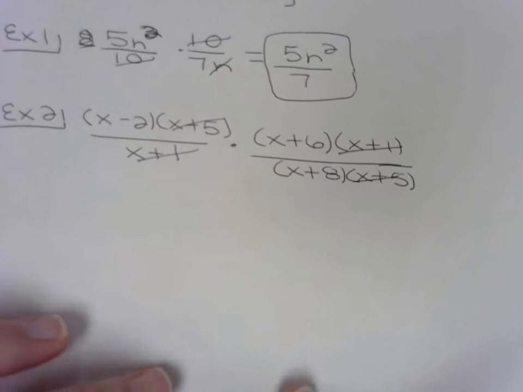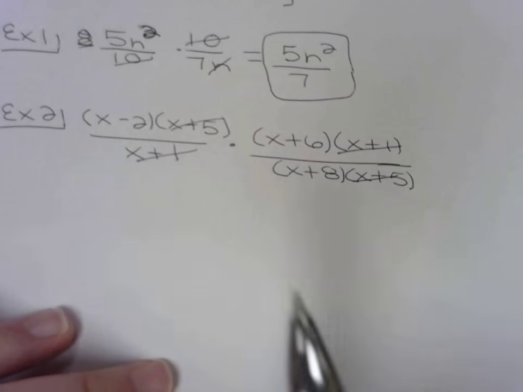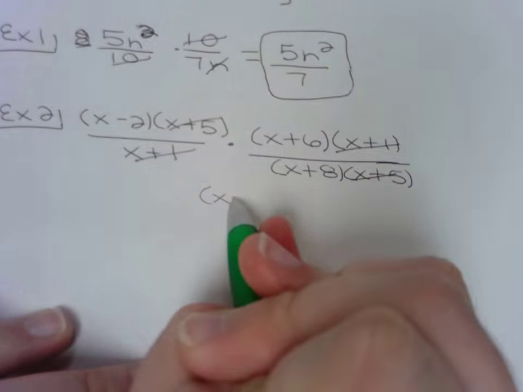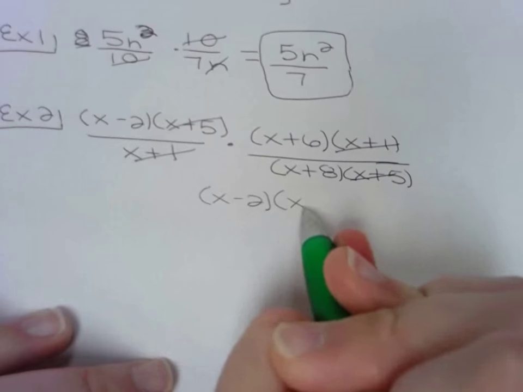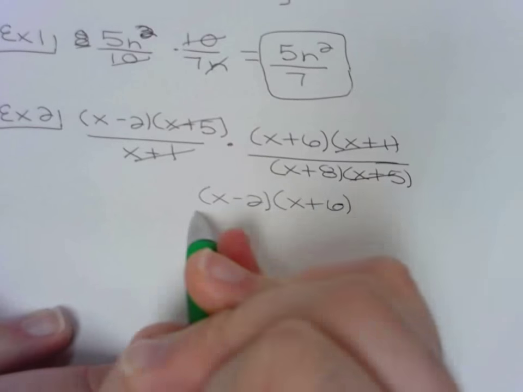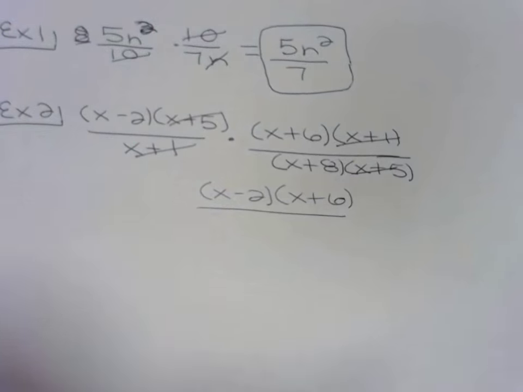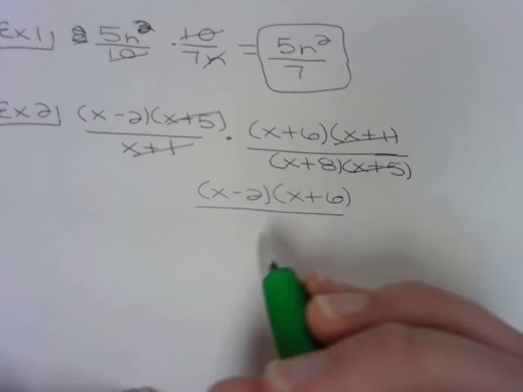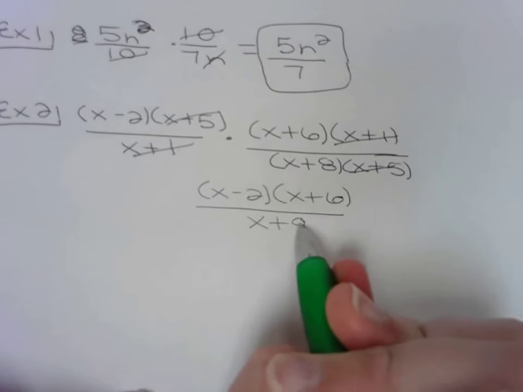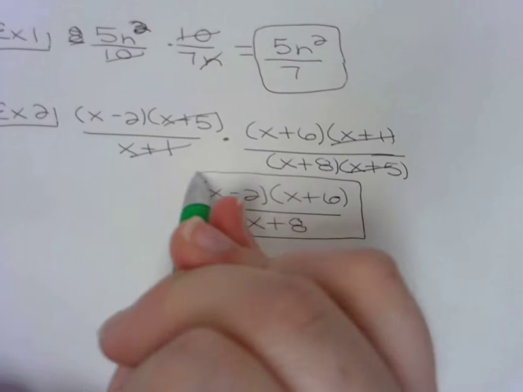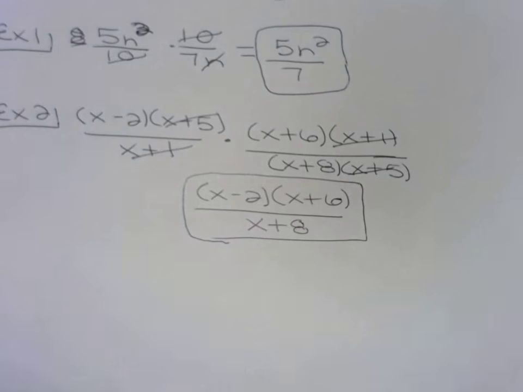So as I look at writing my answer, we multiply the top two together. Now, you don't need to actually FOIL. You can just write it as x minus 2 times x plus 6. If they're already factored like this, you can just leave them factored. And then on the bottom, I'm going to have a what? X plus 8. And that's your answer. So sometimes if they're already factored, you just cross out the binomials that are separated. They're all being multiplied, so you can cross them out.